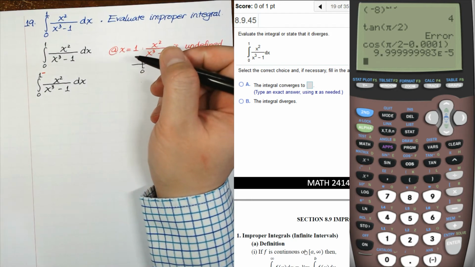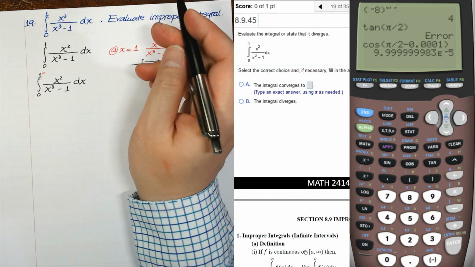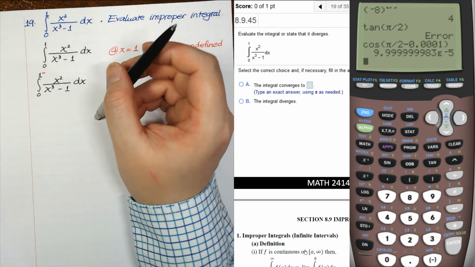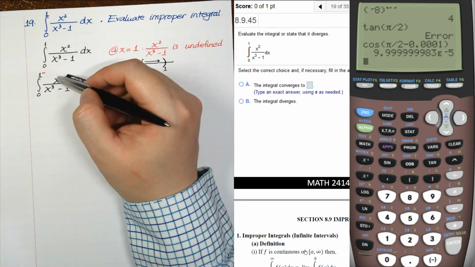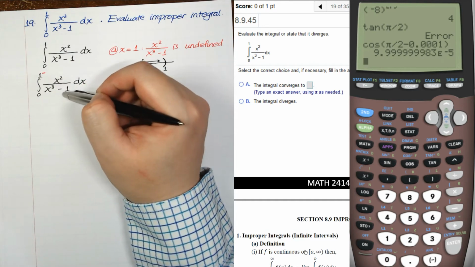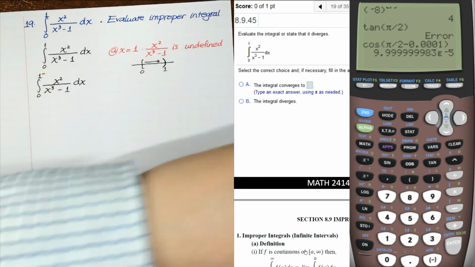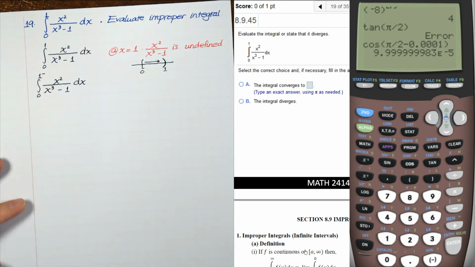Right. And now usually when it looks like that, it looks like a partial fraction, but we don't have to go through all of that, because on this one, x squared and x cubed, if we let u equal to x cubed minus 1, that is the derivative. So a simple u substitution will work.